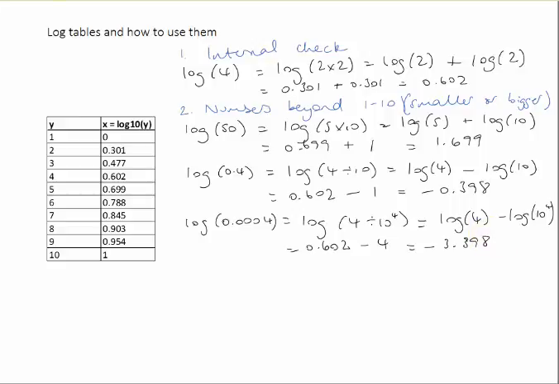And then the final thing we can do is use a log table to calculate logs in a different base. So let's imagine we didn't have a calculator and we only had this table and we wanted to know the log in base 2 of 7.